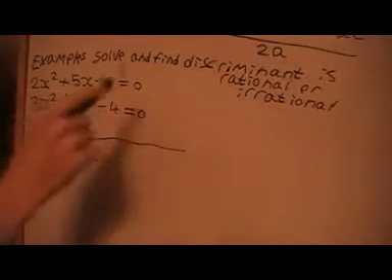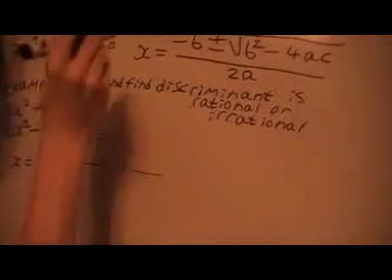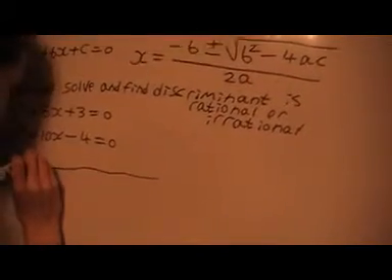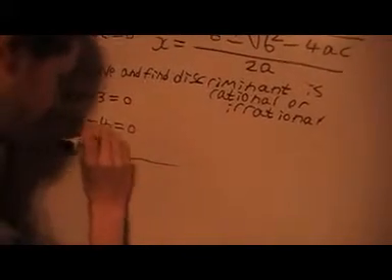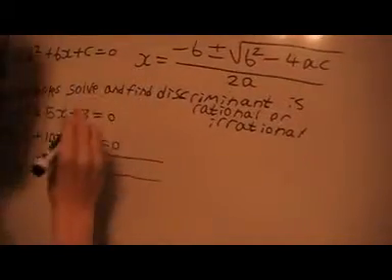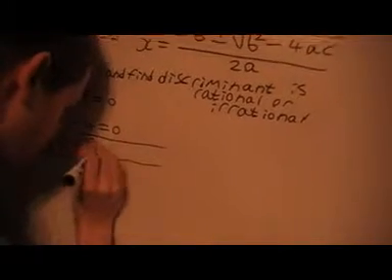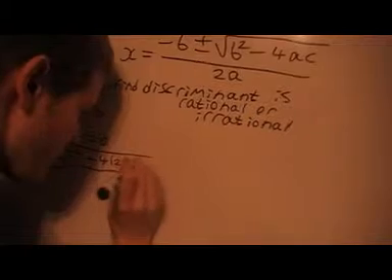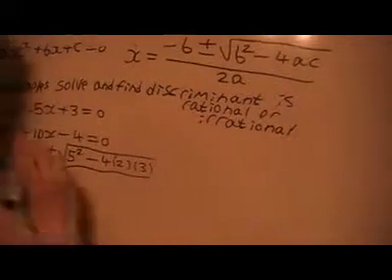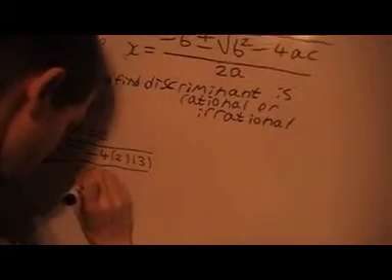So I just put these numbers in the formula here. Minus b is minus 5. And we've got b squared, so we've got 5 squared minus 4 times 2 times 3 over 2 times 2.